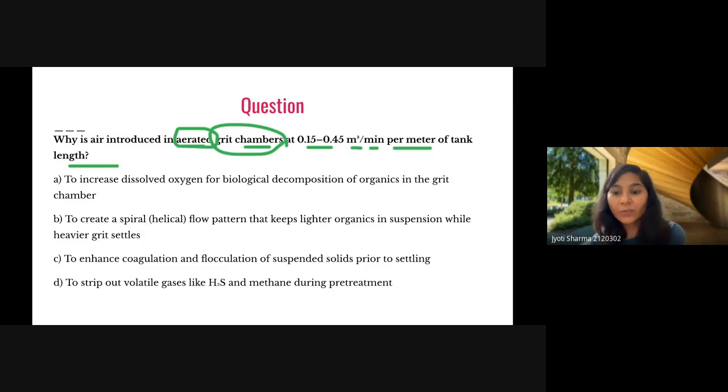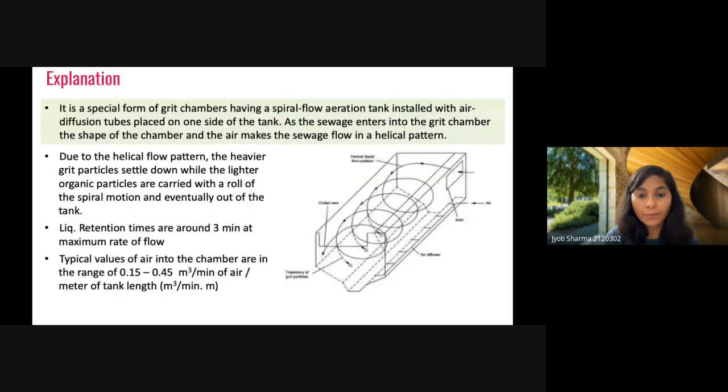Priscilla gave me B with a question mark. Okay, so yes, B is the right answer. So why are we using this? We use air, and I have one picture. So it is something like this, so that we have a helical pattern. What will this helical pattern help us with?